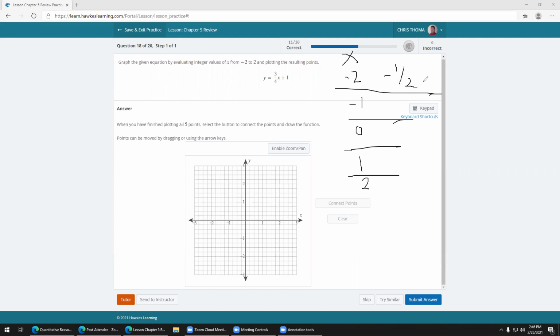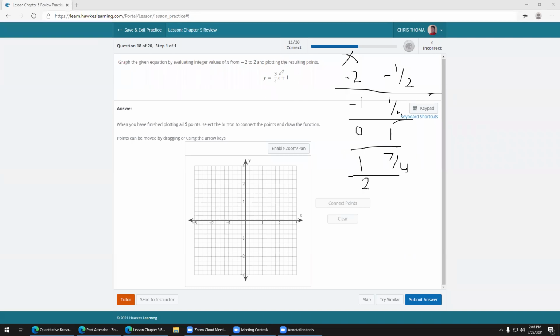When I put in -1, I get -3 divided by 4 plus 1, which gives me 0.25, so 1/4. Put in 0, I get 1. Put in 1, I'm going to get 3/4 plus 1, so that's just going to be 7/4, right?